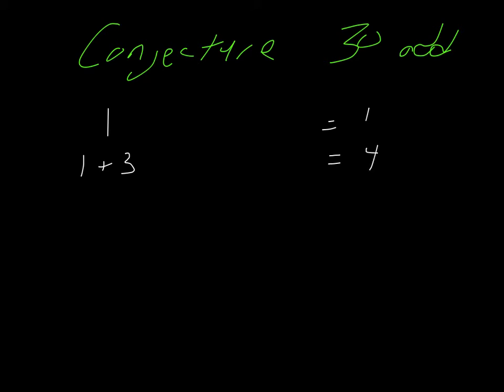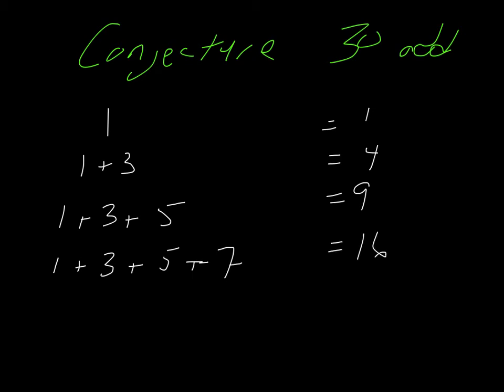And after that I've got 1 plus 3 plus 5. Well, 1 plus 3 plus 5 is going to equal 9. And then after that I've got 1 plus 3 plus 5 plus 7. And if I add those up, we end up getting 16. So I want to go ahead and use some inductive reasoning here.